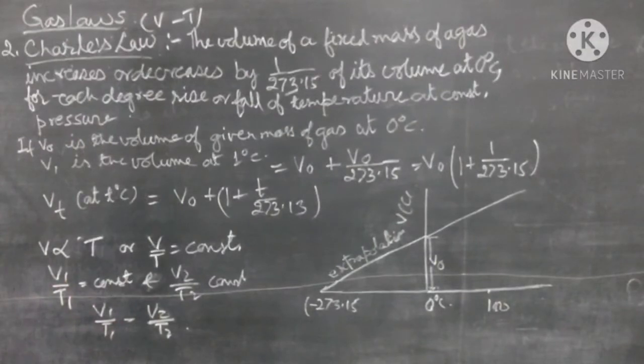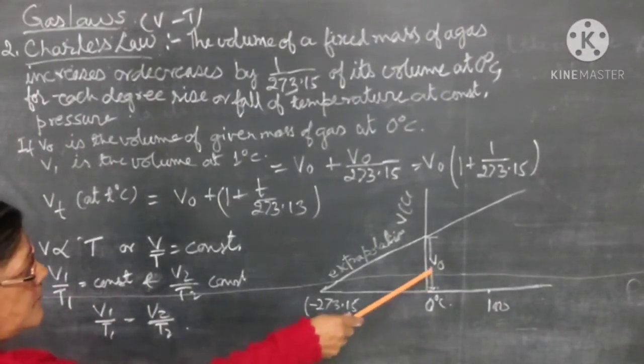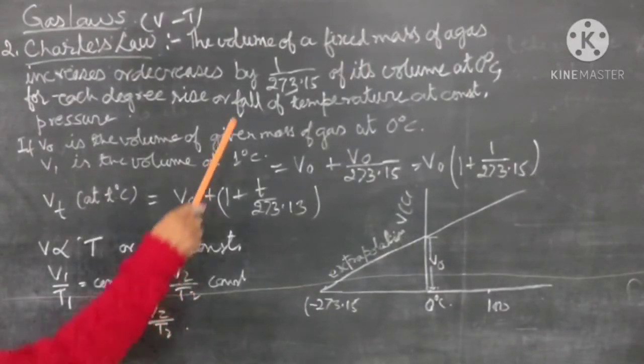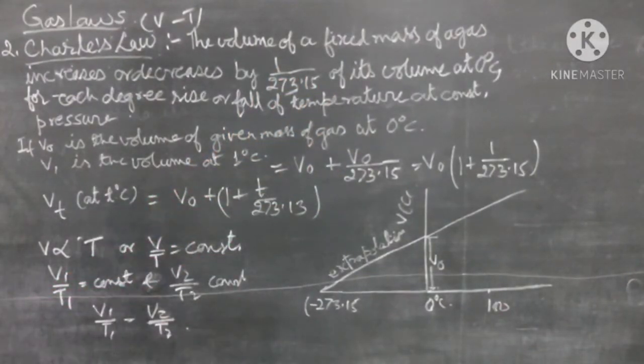You can see in the graph that the volume of the gas is not 0 at 0 degrees Celsius, and that's why we write it this way. Here the pressure is constant, and we are showing the relationship between the volume and the temperature.